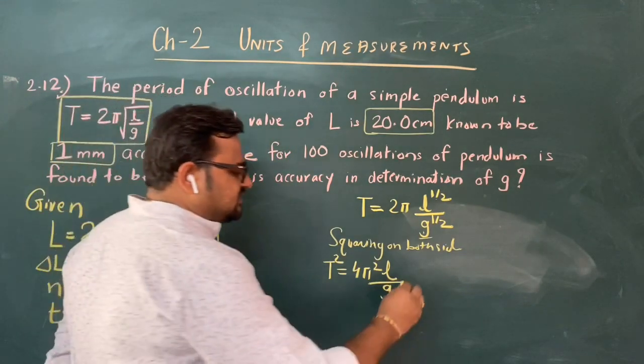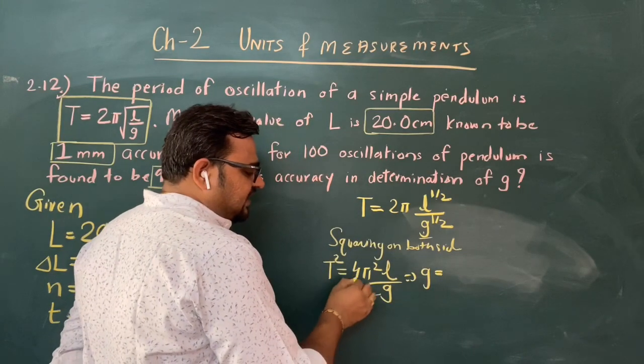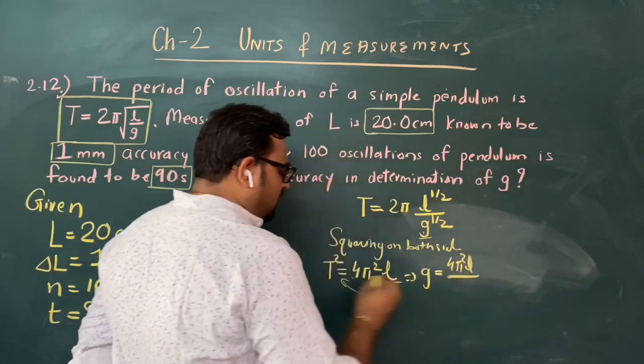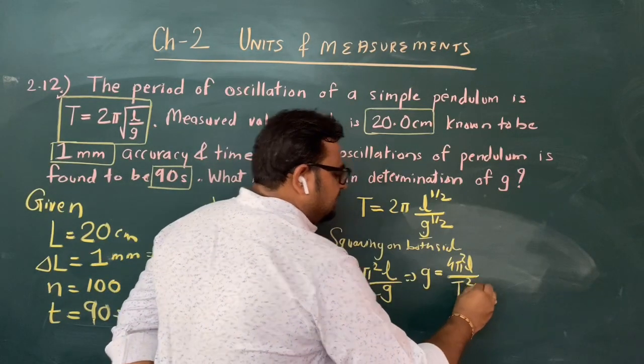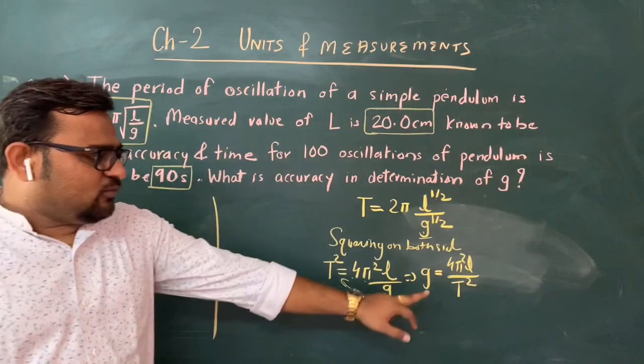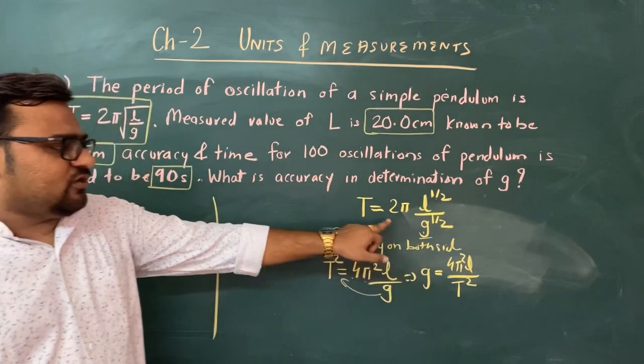Clear? So this implies that G is equal to, when I take it to this side, 4 pi square L upon T square. So this is the formula for gravitational acceleration that we derived.